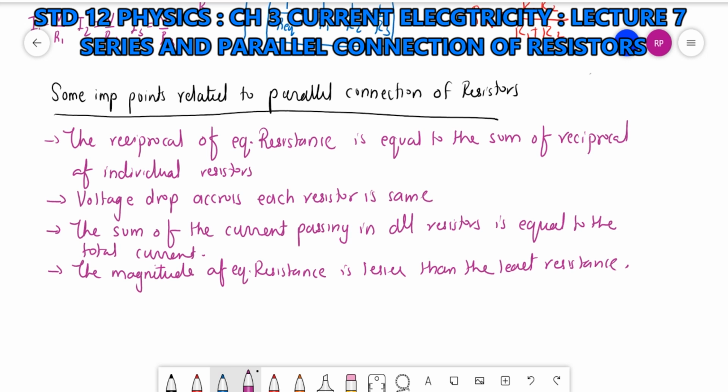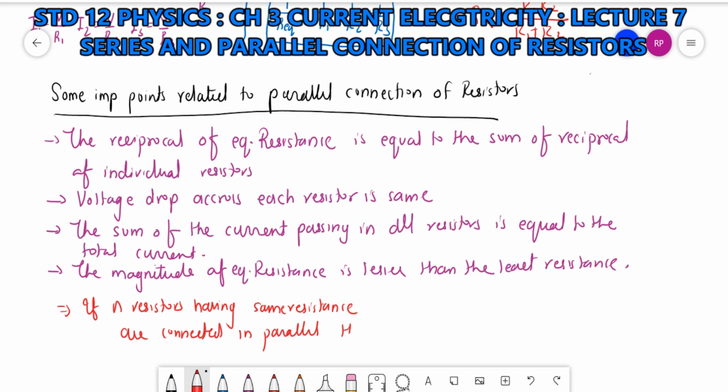Now one shortcut that we are going to use for numericals: if n resistors having the same resistance are connected in parallel, then R equivalent will be equal to R by N. Means if I'm giving you an example, you take 10 resistors each having 5 ohm, and these 10 resistors are connected in parallel, then the equivalent will be equal to 5 by 10, that is 0.5 ohm.